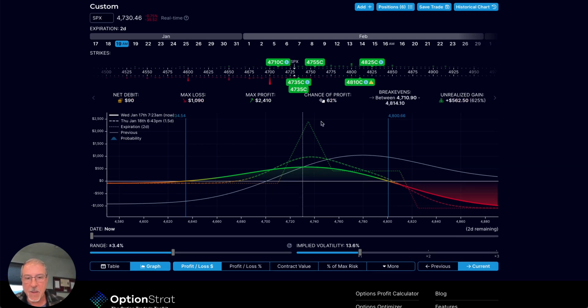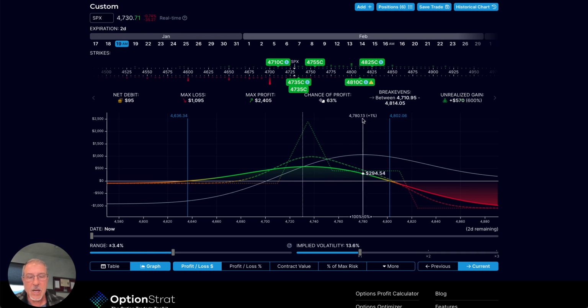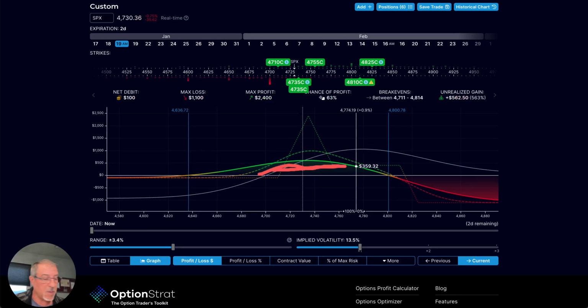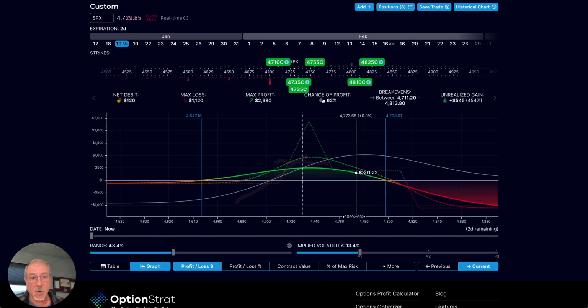What I like about this particular setup is I have neutralized, let me get my drawing tool back on here, I have neutralized my delta. So I'm pretty flat delta now. My T0 line, rather than being sloped this way, is pretty flat. So now if the market chops back and forth in this area, I've got quite a bit of decay that can happen over the next couple days, which is a plus.